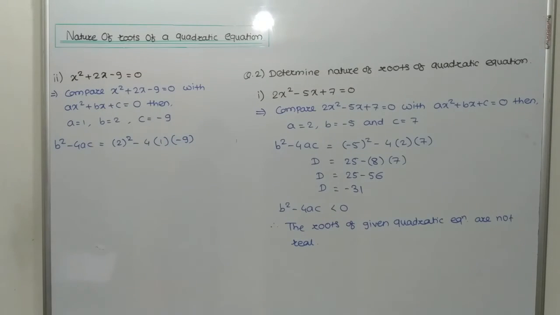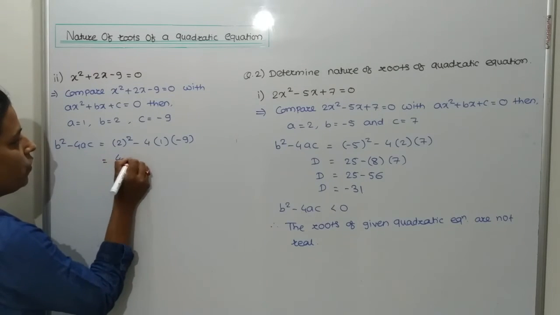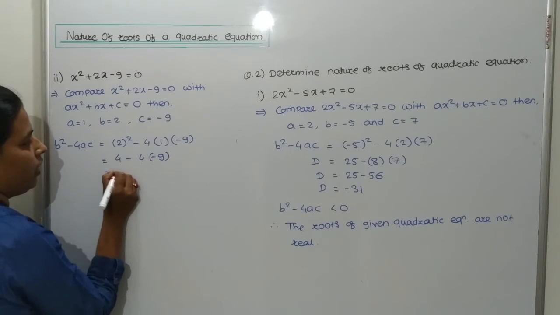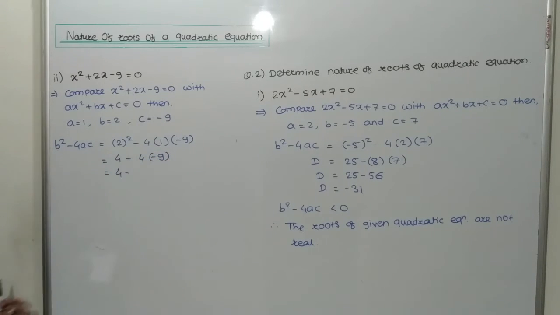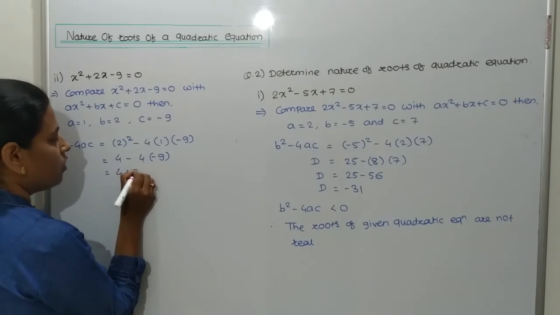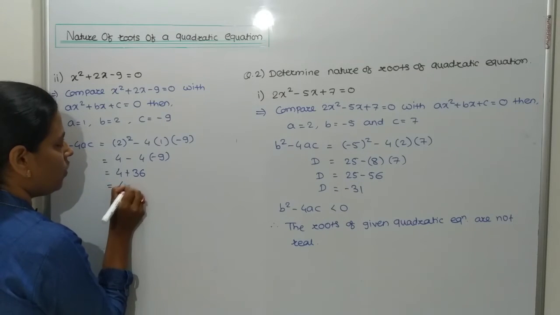Now calculate the square, that is 4 minus 4 into 1, 4 minus 9. Then 4 minus 4 into minus 9, that is plus 36. So 4 plus 36, that means 40 is there.